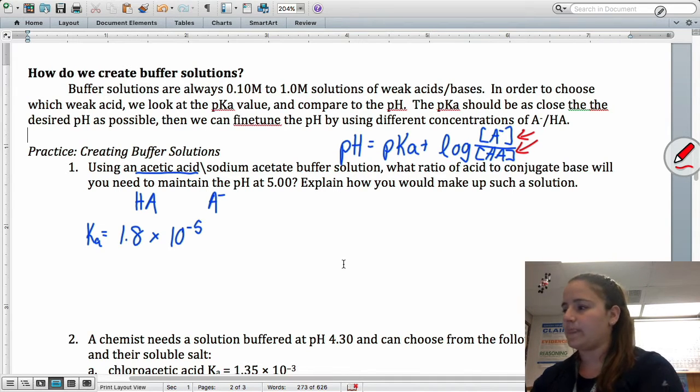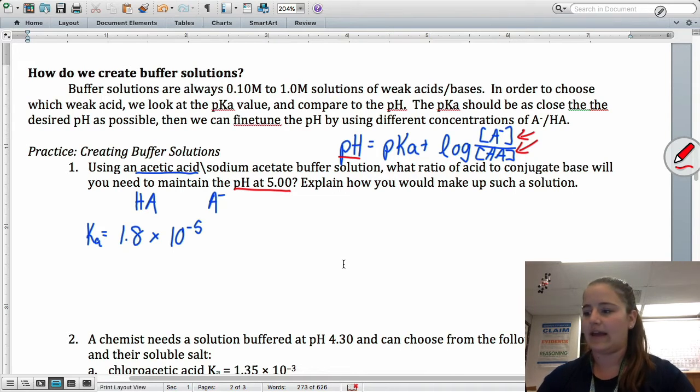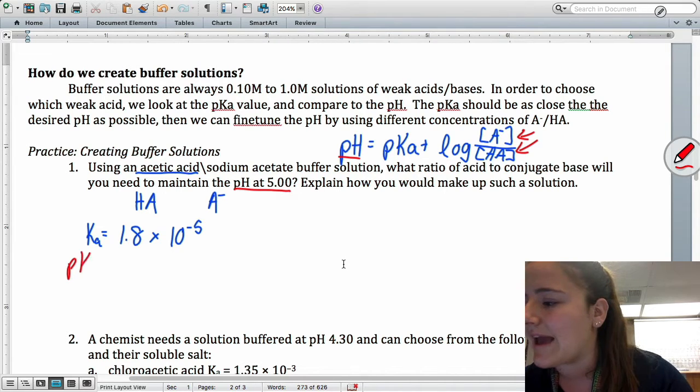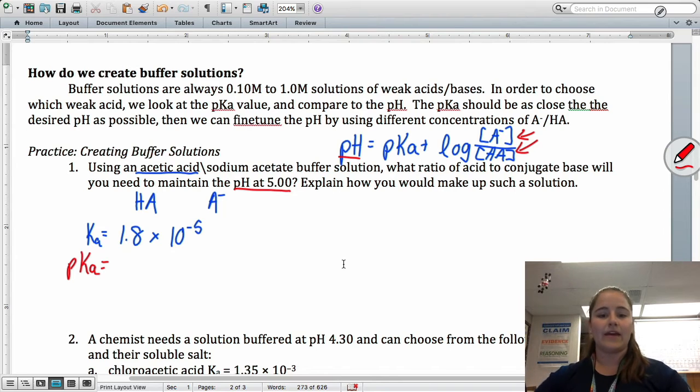We want our pH to be 5. We know our Ka, so let's go ahead and find our pKa. pKa, remember, is the negative log of your Ka value. So I type into my calculator negative log of 1.8 times 10 to the negative 5, and I get 4.744.